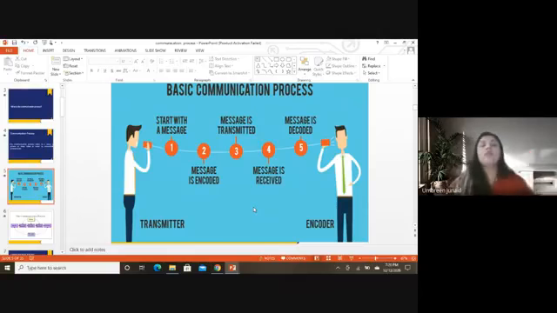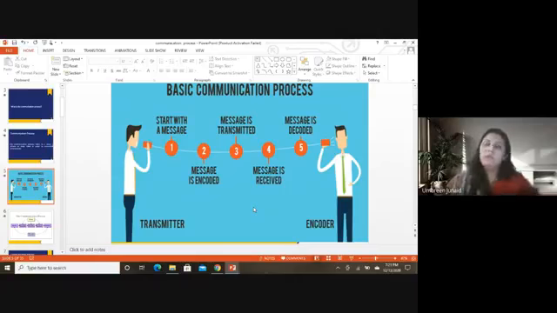Well, you have written what you want to say, or you have called upon that person to discuss that thing. This is the encoding method. Now the third stage is that the message is being started to communicate. You are going to transmit the message now. Either you're talking to that person, sending an email, sending a letter, or texting a message, whatever.